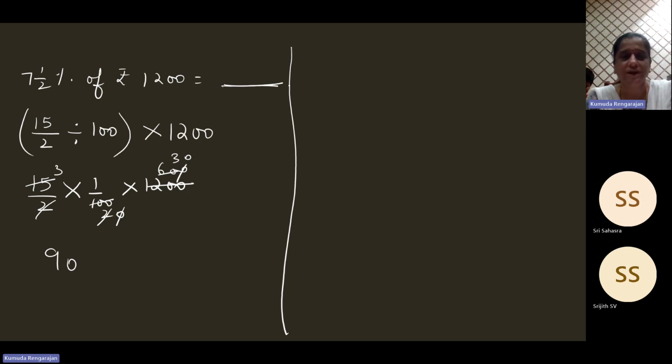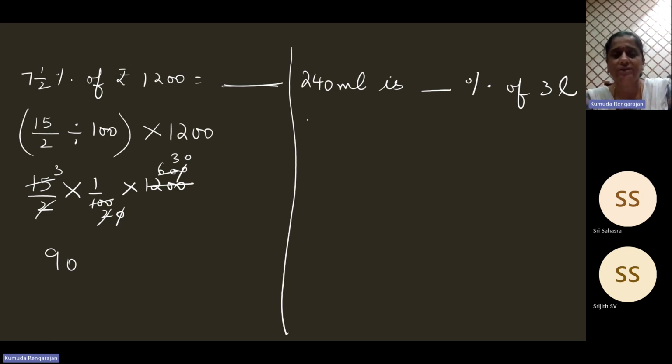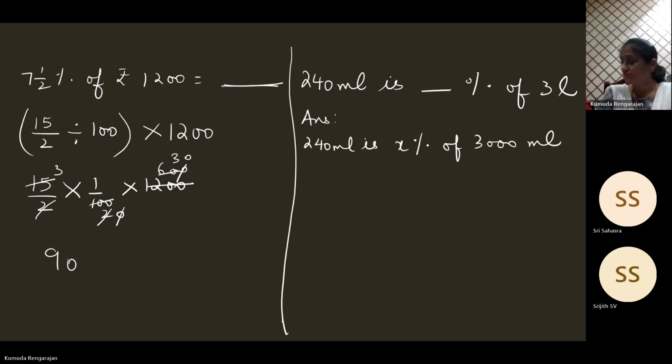Next, 240 ml is dash percent of 3 liters. So we'll write the question like this. 240 ml is X percent of 3 liters. 1 liter is 1000 milliliters, so 3000 milliliters. 240 ml is X percent of 3000 ml.